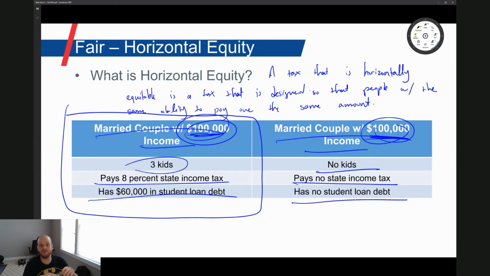We need to say, if you have kids, you get a credit. If you're paying a state income tax, that affects the amount of federal income tax you're going to pay. If you have student loan debt, you're making student loan payments, and the interest associated with those payments is going to be subject to certain tax treatments, to create a more equitable base among similar horizontal levels of taxpayers.